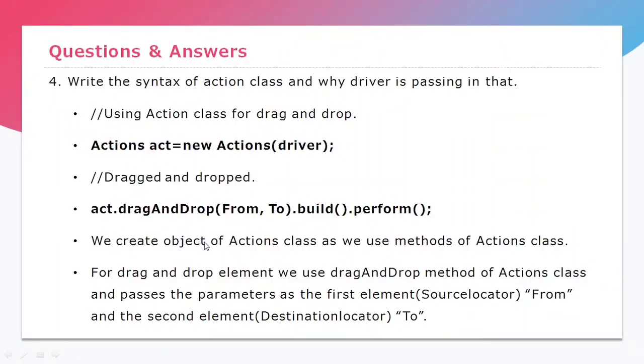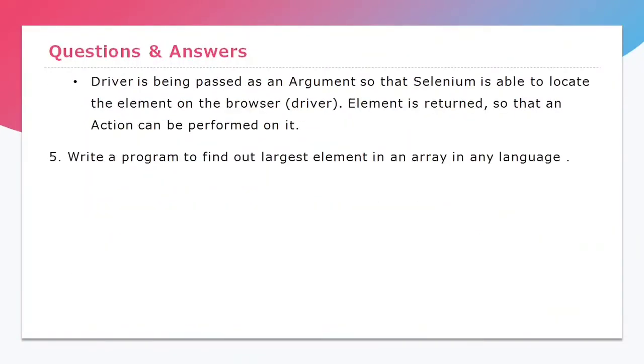And for drag and drop of an element, we use the dragAndDrop method of the Actions class and pass the parameters as the first element, the source locator from, and the second element, the destination locator, that is the to. Driver is being passed as an argument so that Selenium is able to locate the element on the browser. An element is returned so that an action can be performed on the particular element.